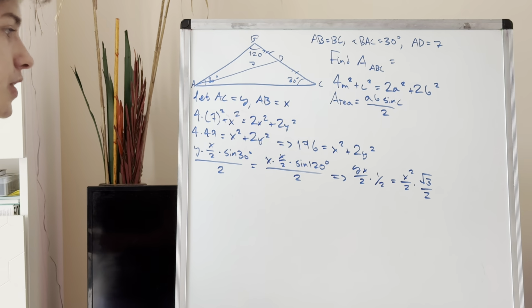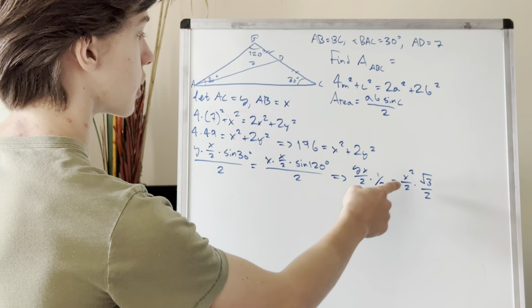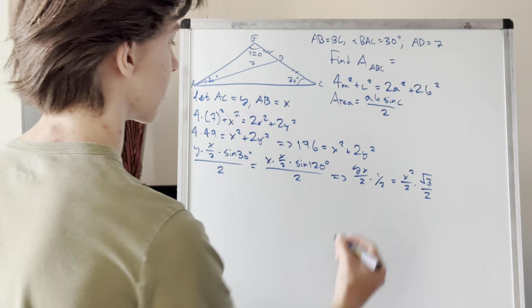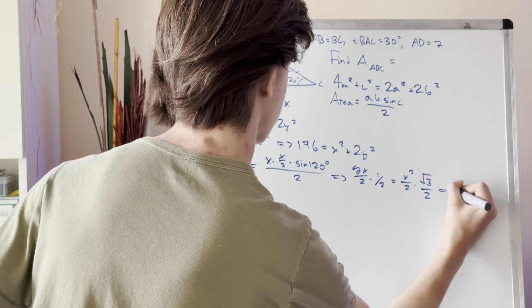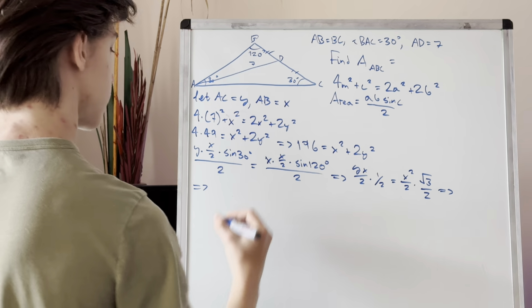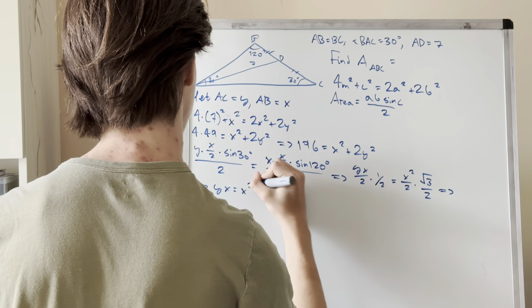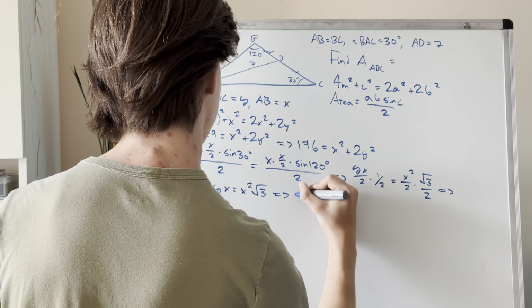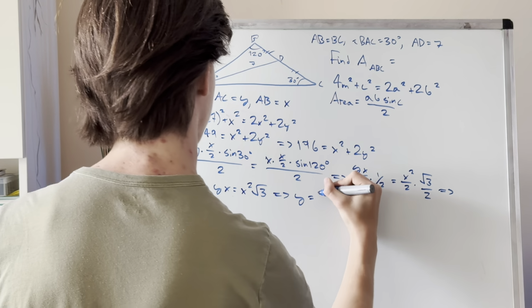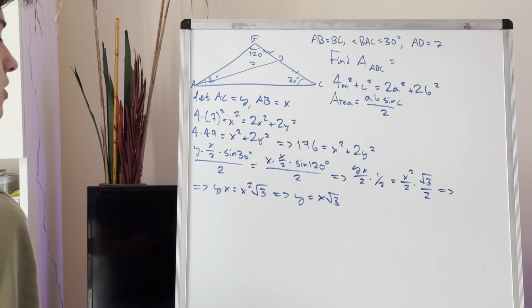Remember that. Okay, seems like we have yx over 4 equals x squared √3 over 4. So we can again get rid of this denominator. This implies that yx is equal to x squared √3, or then we can find y, which is equal to x √3, right? We divide by x, since x squared divided by x is just x. Very nice, we have our y.